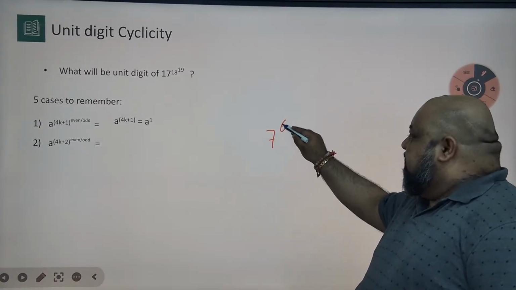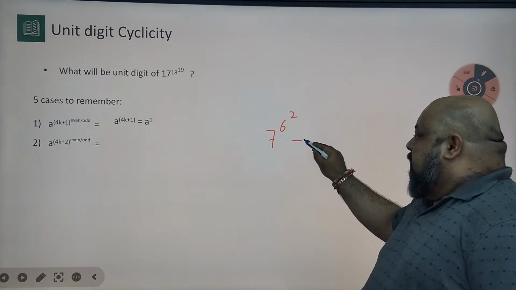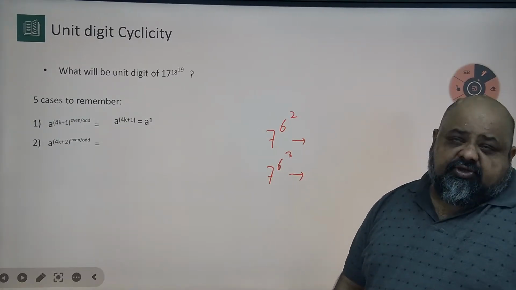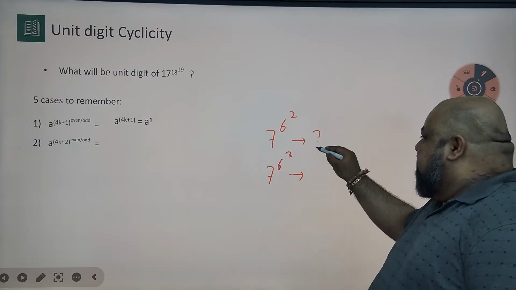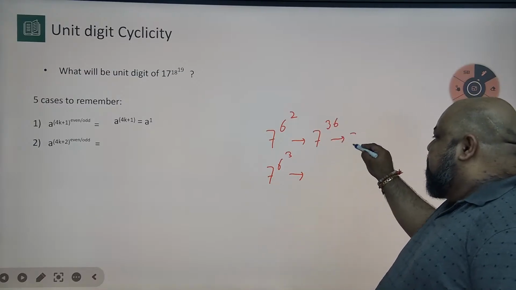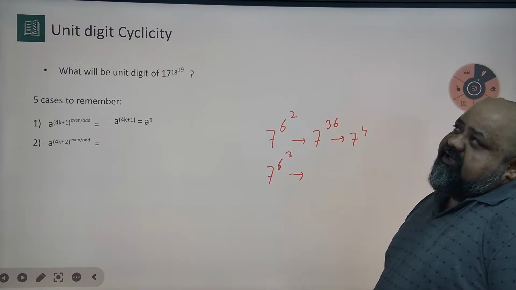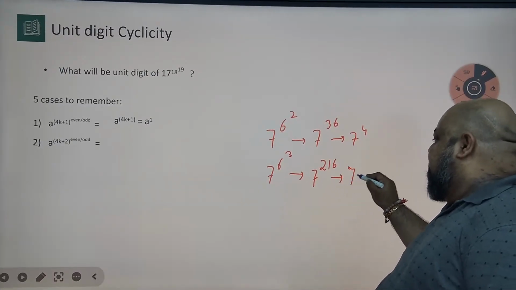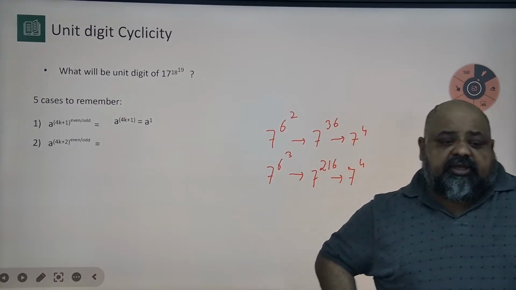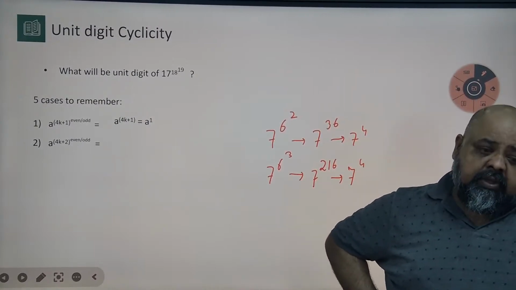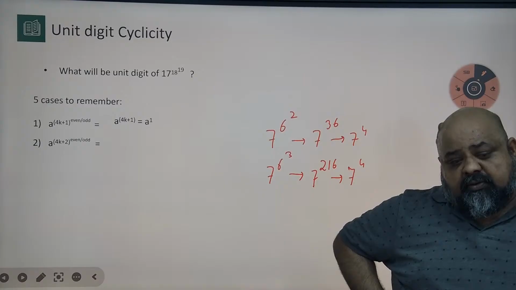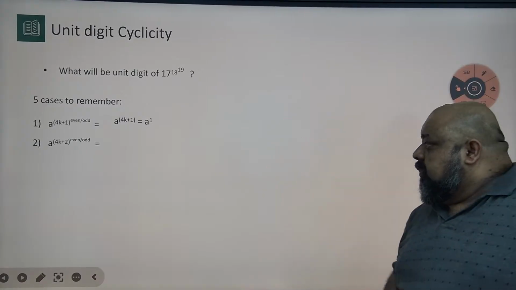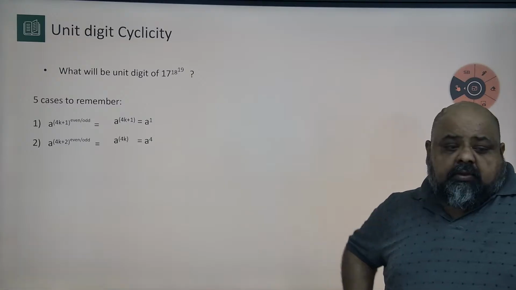Suppose it is 7 raised to power 6 raised to power 2, or 7 raised to power 6 raised to power 3. 6 square is 36. 36 is divisible by 4, so it becomes 7 raised to power 4. 6 cube is 216. 216 is also divisible by 4, so this also becomes 7 raised to power 4. So A raised to power 4k plus 2 raised to power either even or odd is the same as A raised to power 4.